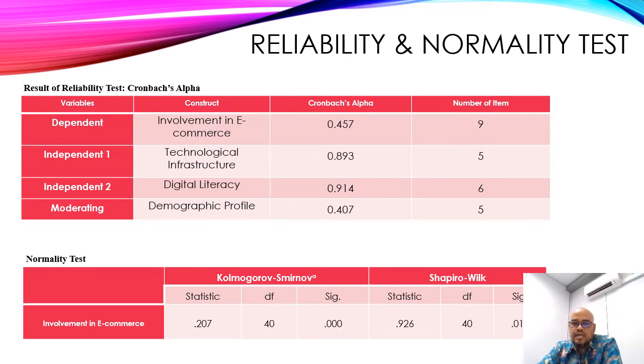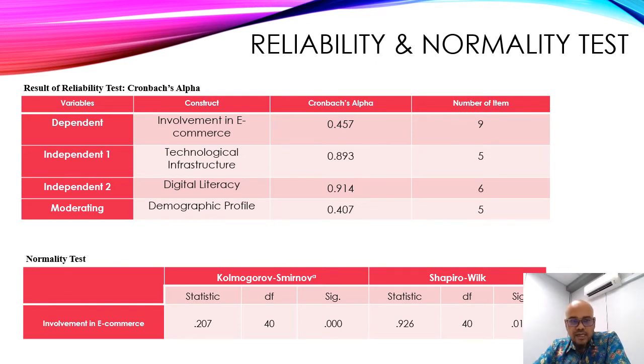Both gain values of more than 0.7, which are 0.893 and 0.915, showing high reliability of the dependent variable towards the independent variables.